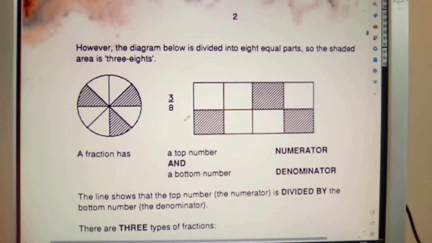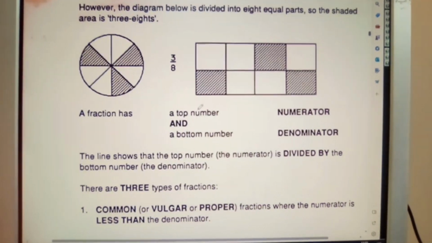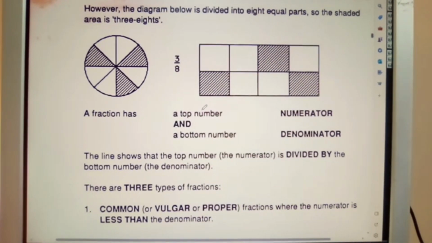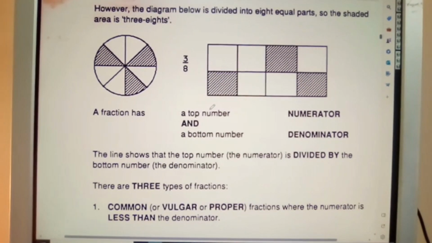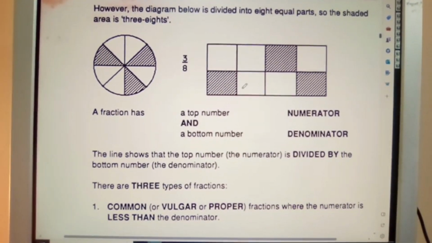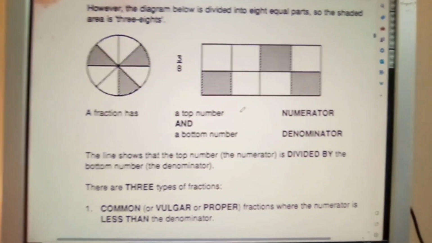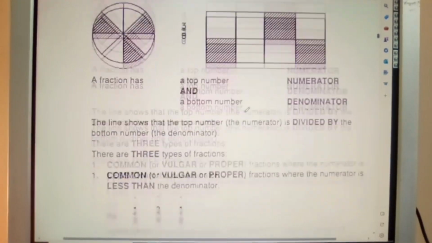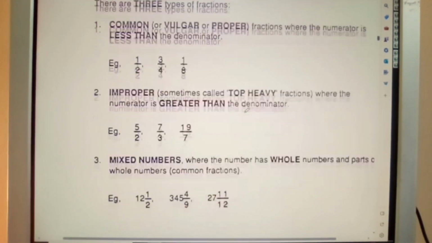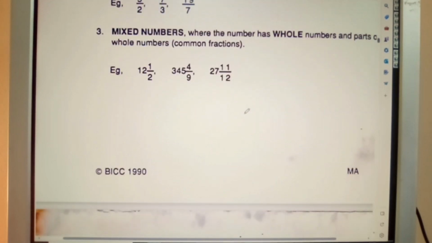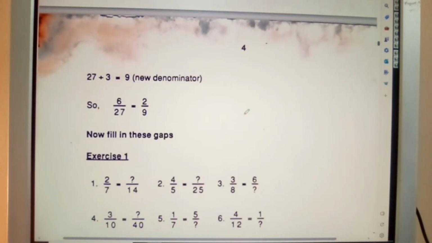So the diagram below is divided into 8 equal parts, so the shaded area is 3/8. Now we've covered this bit already, so I'm not going to cover that again.